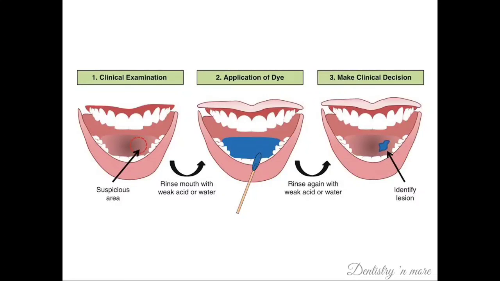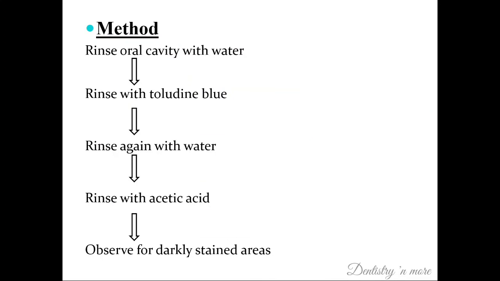After that, we again rinse with acetic acid and then examine the lesion. If the lesion takes up a navy blue or dark blue color, then it indicates significant premalignant cells within that lesion. So this is the methodology I've explained.